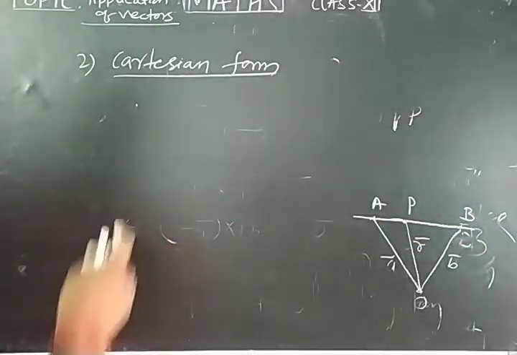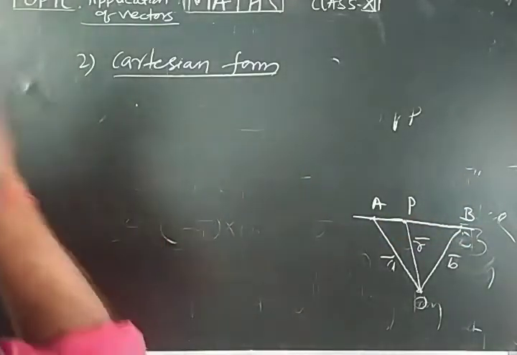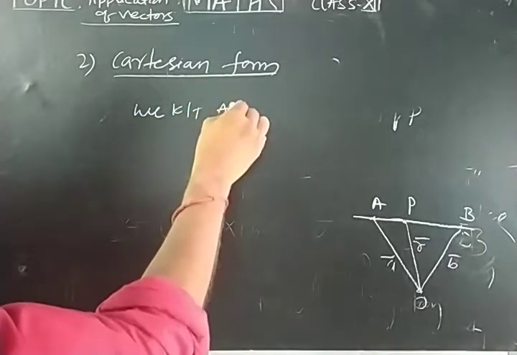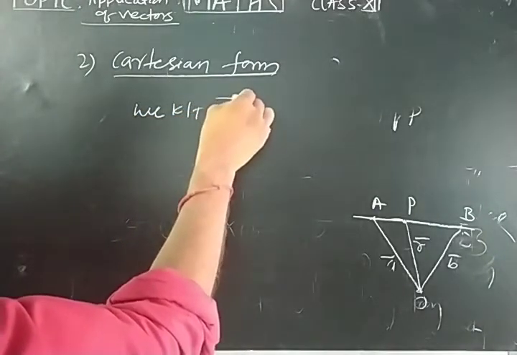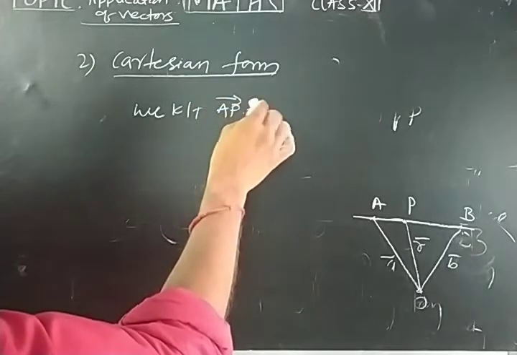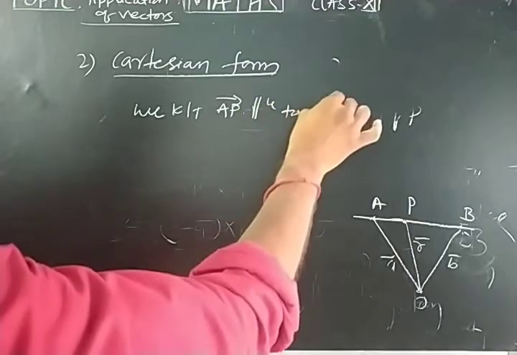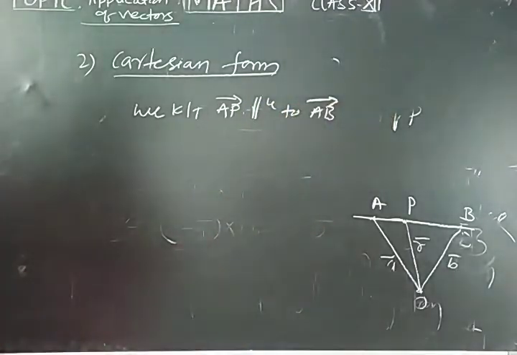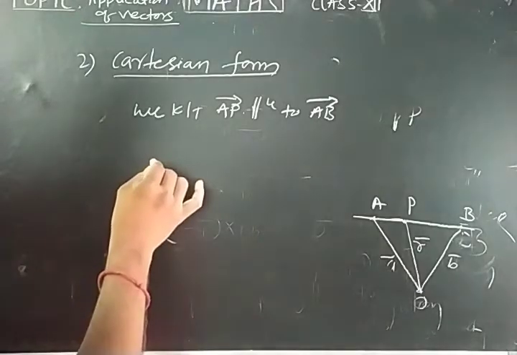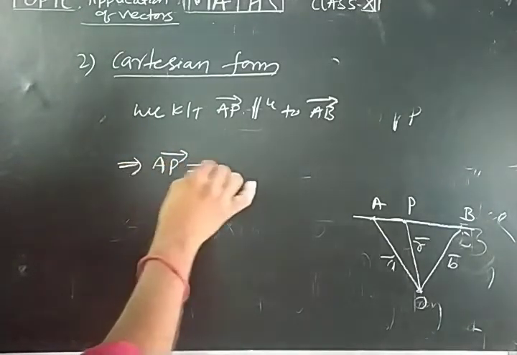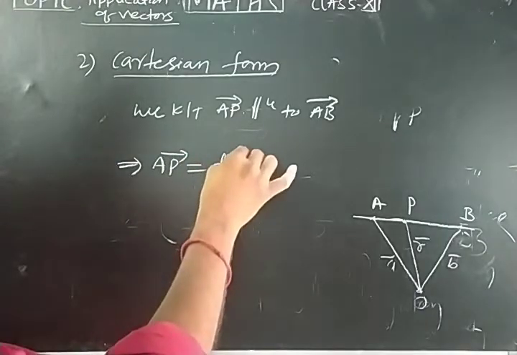Again, here we know that AP vector is parallel to AB vector, so we can write AP vector is equal to, by the parametric term, T into AB vector.